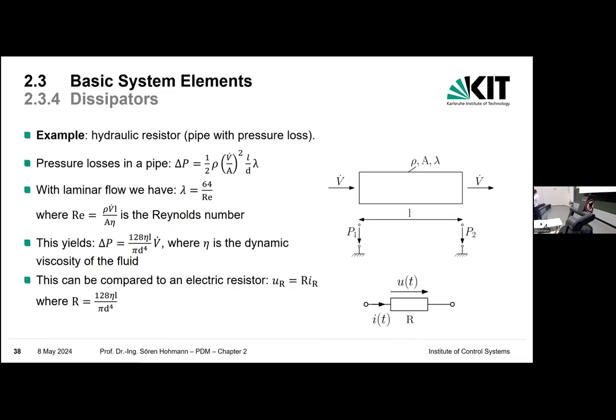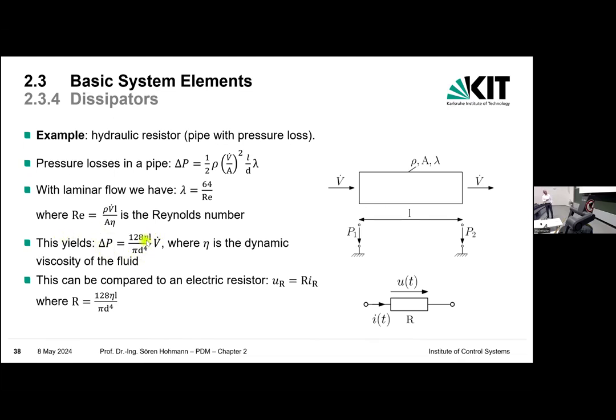Of course, there's a geometric perspective on it. As you know, the resistance of a simple wire depends on its length, its diameter, and of course the material constant. Copper is different to solid wood, and here it is similar.